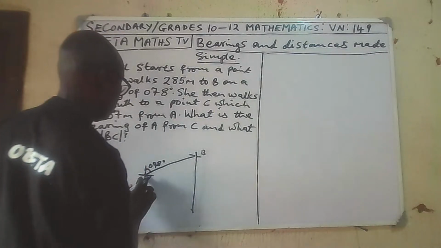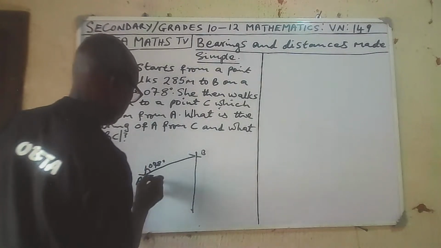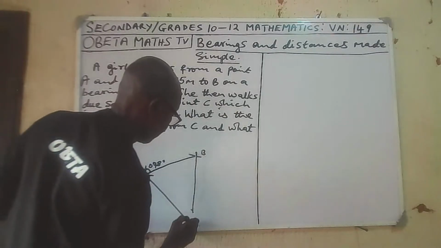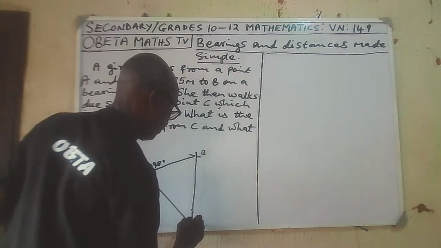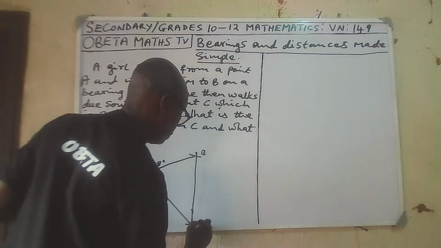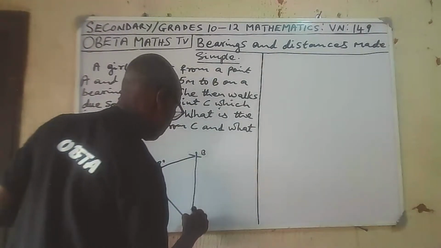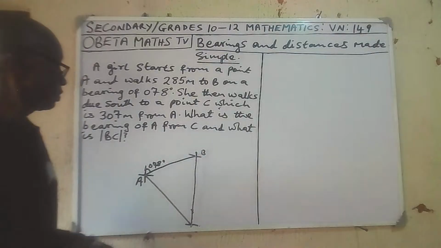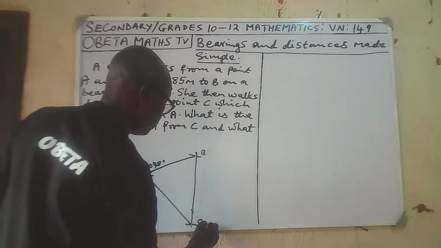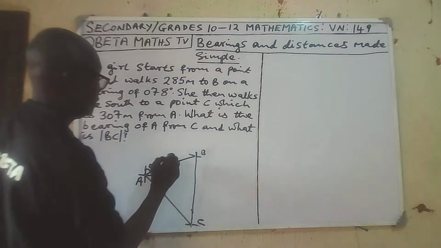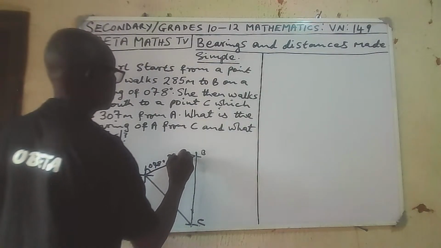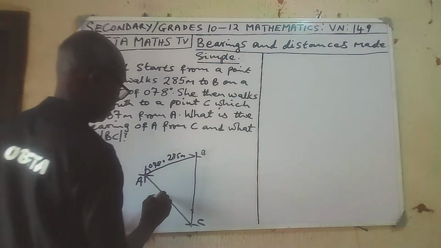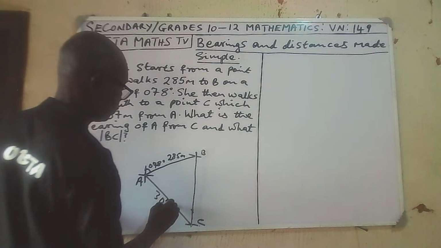Okay, let's go down a bit. Okay, so at this point we have another cardinal point. So let us take this to be C, and then this is 285 meters. This is 307 meters.